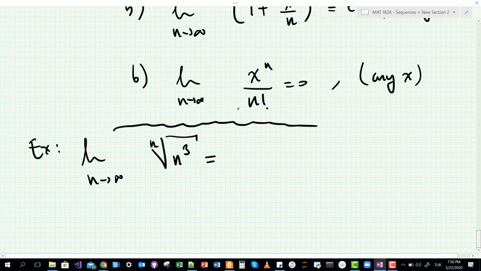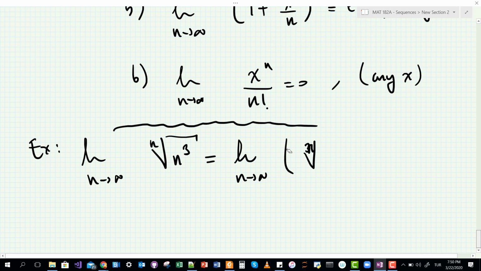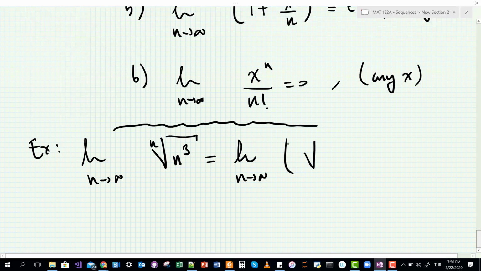I'm going to use one of these tools. The second rule says something about it, but before using that one, I will try to use some algebraic feature of the square root, guys.